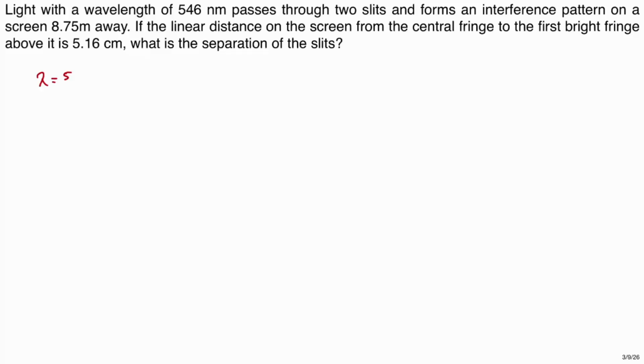Our wavelength is 546 nanometers. That's the Greek letter lambda. It's a candy cane that is starting to fall over, and so it sticks its leg out. That's how you draw lambda. It's the symbol we use for wavelength.